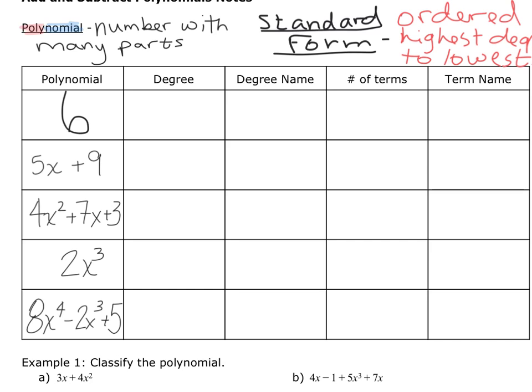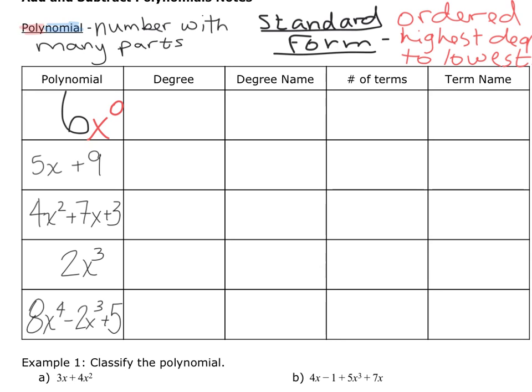So, the first polynomial that we're going to label is 6. I'm going to look at the degree of this polynomial. The degree is the biggest number that's an exponent for a variable. It's kind of tricky here. Does my polynomial 6 have a variable? It doesn't, right? So that's kind of like saying x to the 0 power.